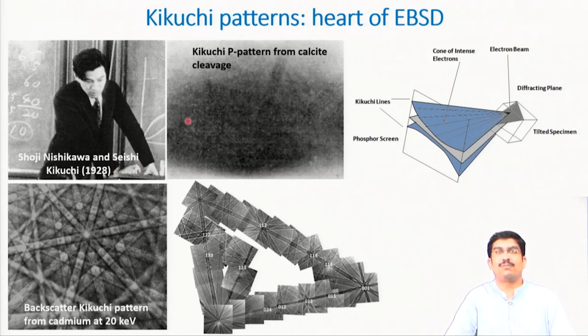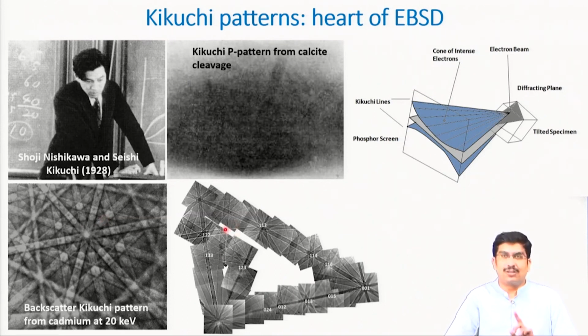This is the first Kikuchi pattern that was recorded, from calcite, and obviously at that time the resolution was not great. These days we get Kikuchi patterns this way, and since this pattern is created from a diffraction experiment, it has all the crystallographic information like zone axes and all symmetry-related information.